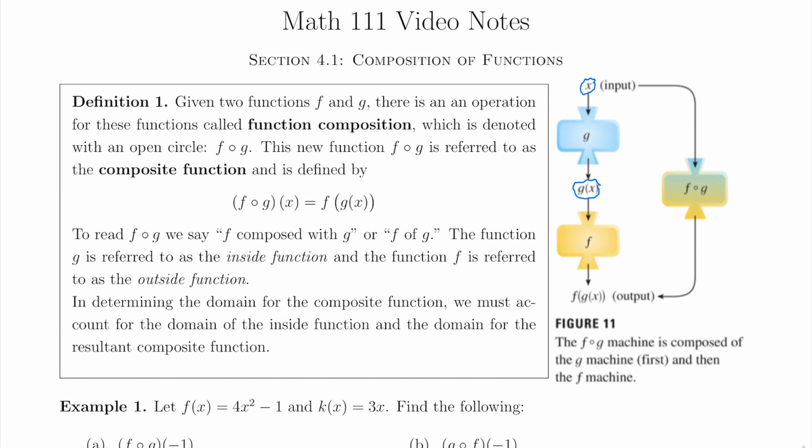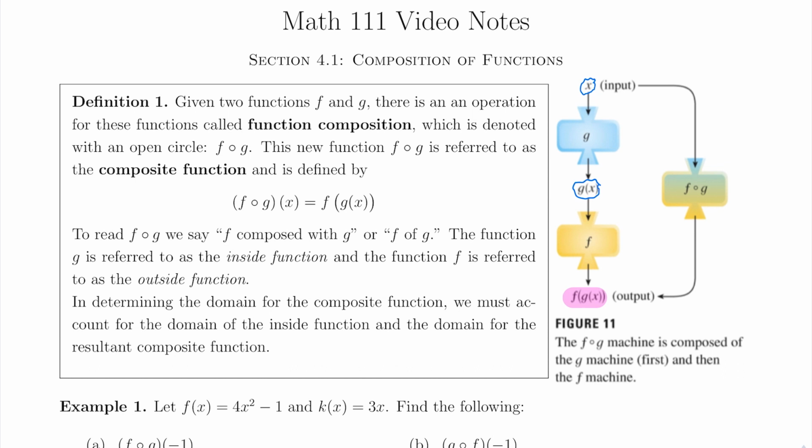Now that output, g of x, gets inputted into the next function f, and that function again takes the input and spits out an output. Now that output is f of g of x. So that is our final output.